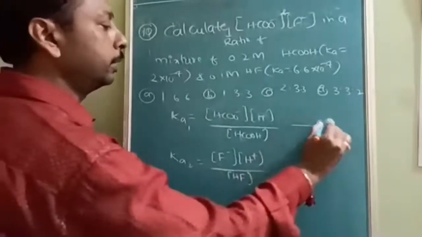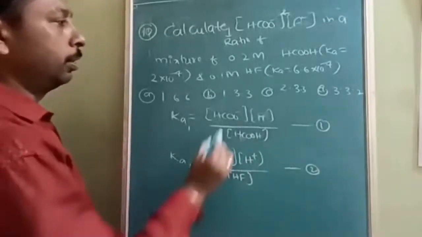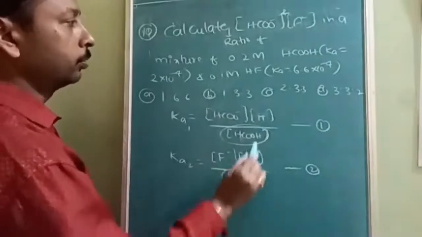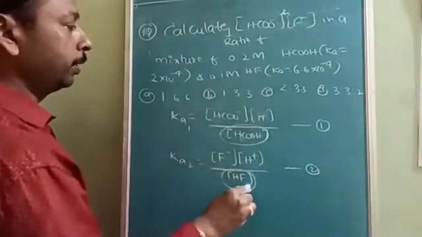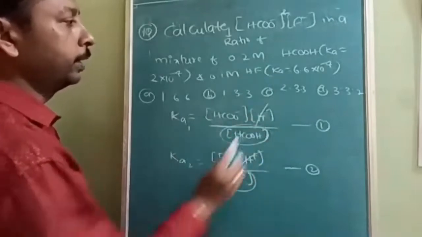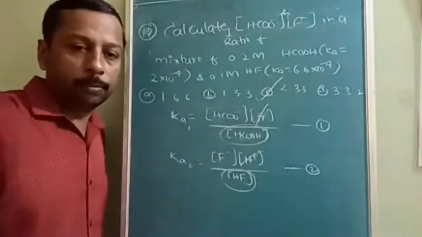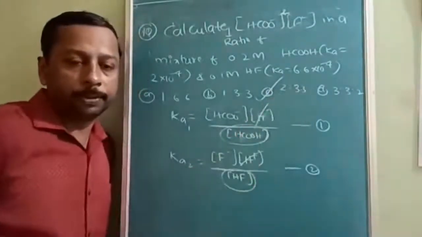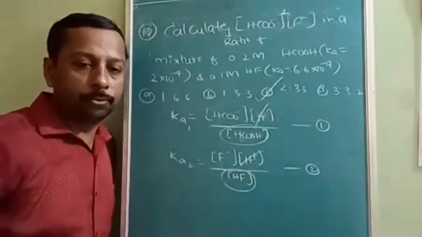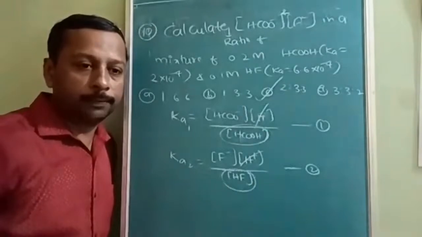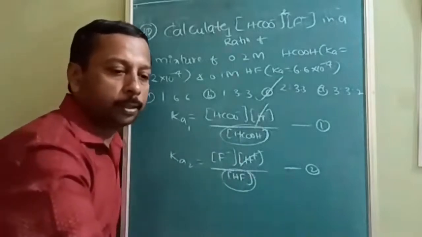So this is 1 and this is 2. Here concentrations 0.2 and 0.1 are given, and H plus is common in both, so it will get cancelled. On simplifying, I hope you will get option C, 2 to 3.3. This depends simply on the simplification. So note this down.